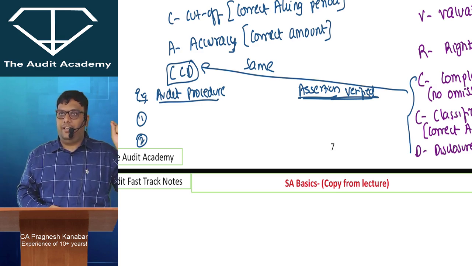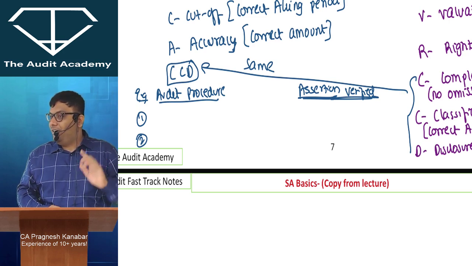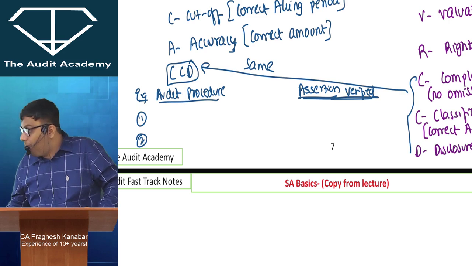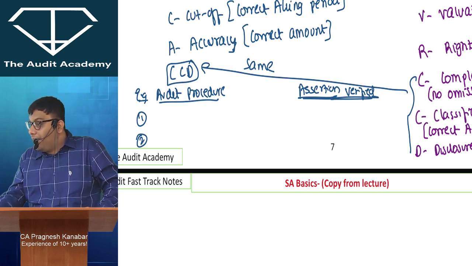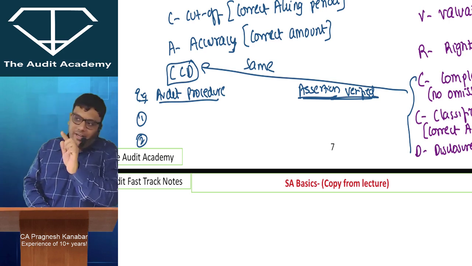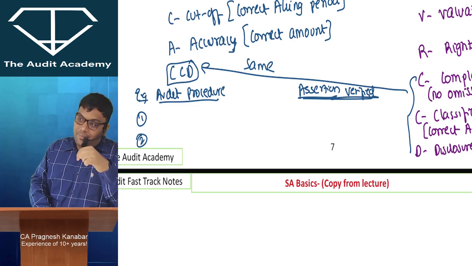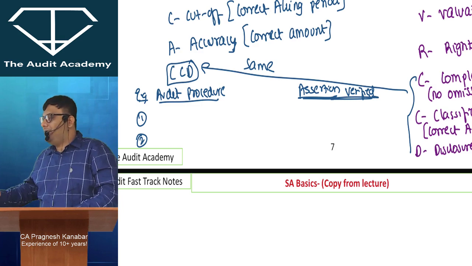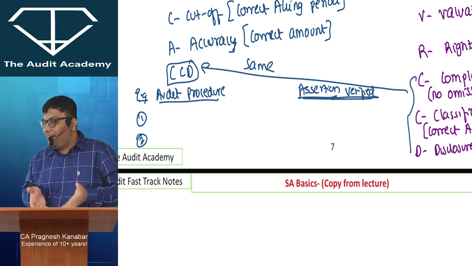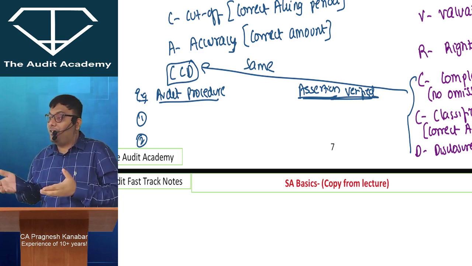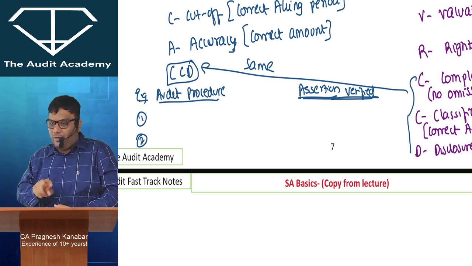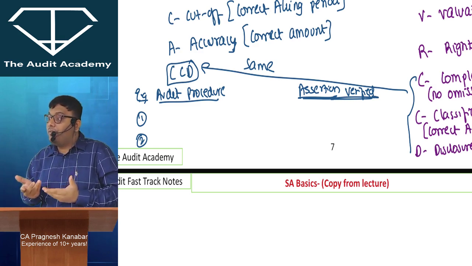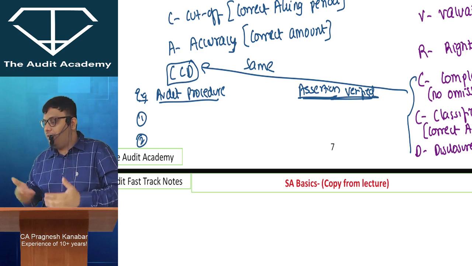In a P&L item, if we are verifying amount, that means we are verifying accuracy. But the main purpose of depreciation is to come to carrying value. So when I am verifying depreciation, am I verifying a P&L item or a balance sheet item? I am verifying a balance sheet item. By calculating depreciation, what are you going to get? Carrying value. Alright, so write down there, valuation.